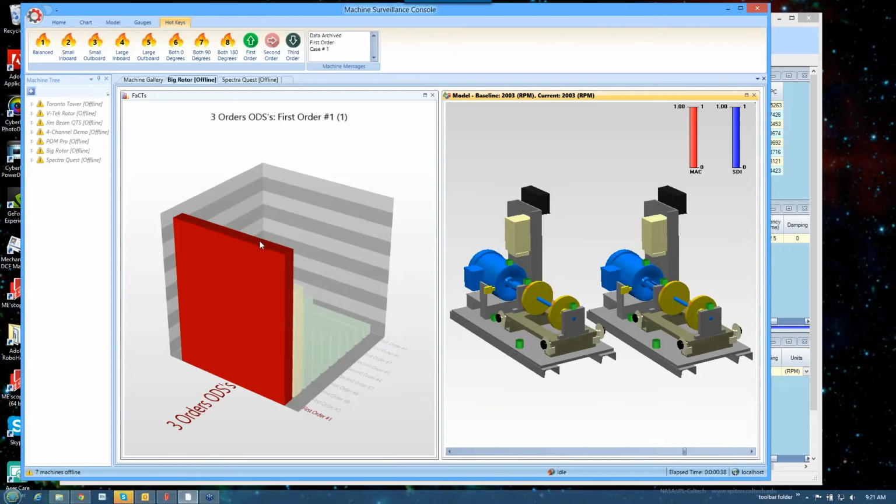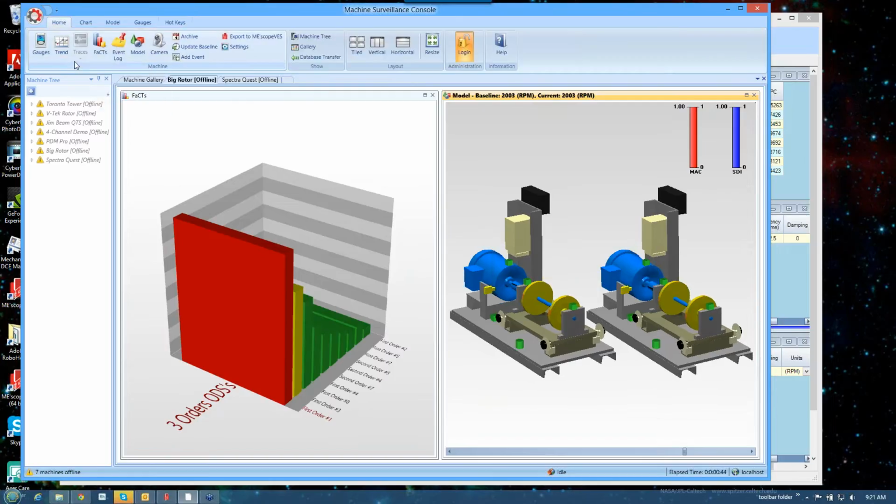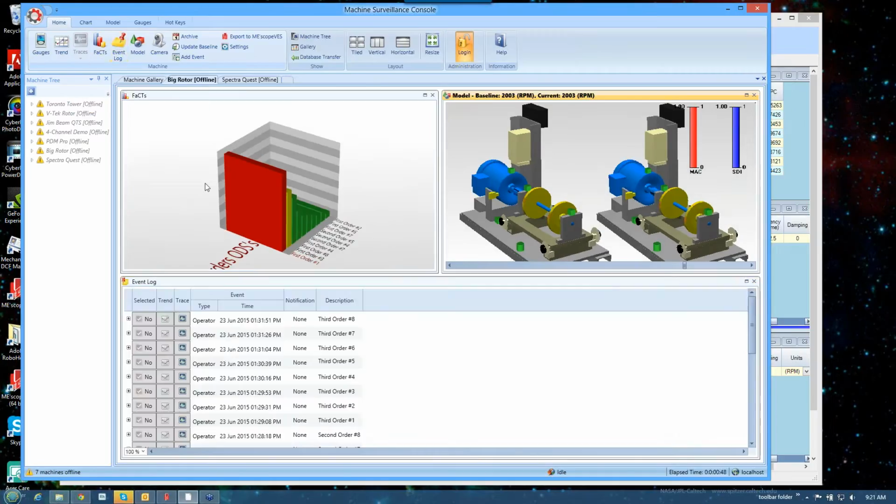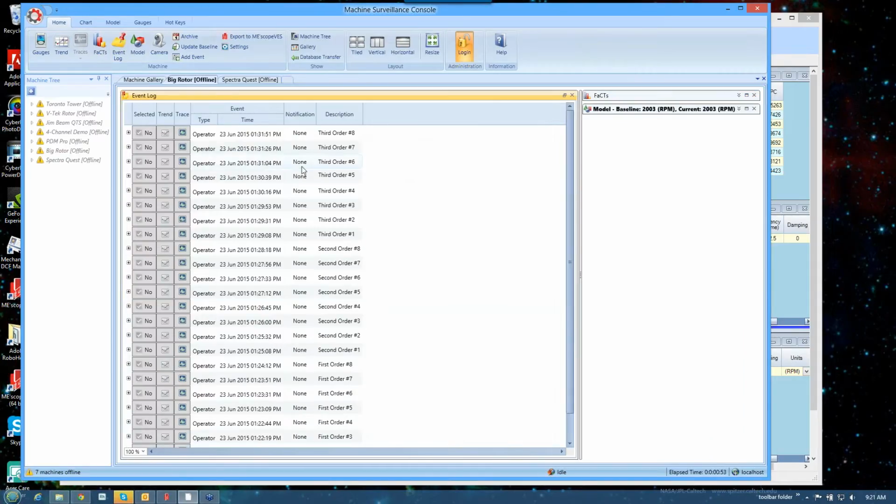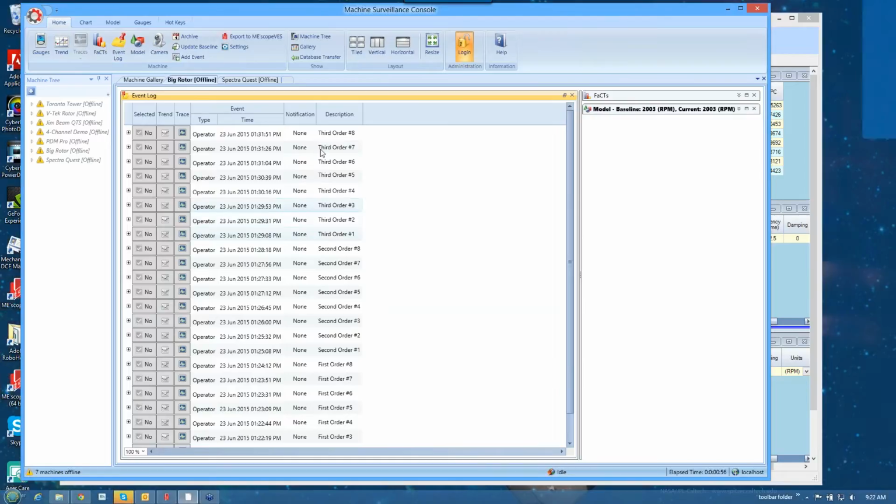How did I do that? We do that over here in something called events. So let me just open up the event log and we'll take a look at that. And here it is. So when a snapshot of data came in, I've already identified the unbalanced cases 1 through 7.